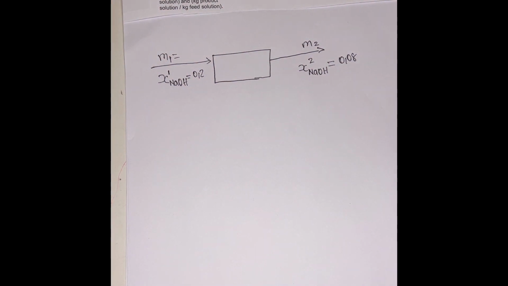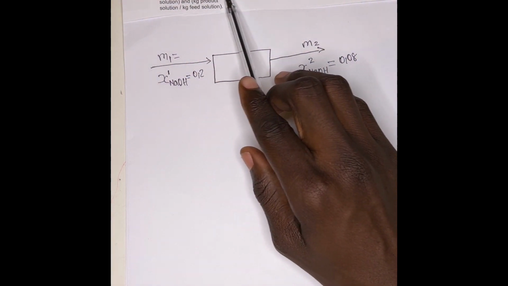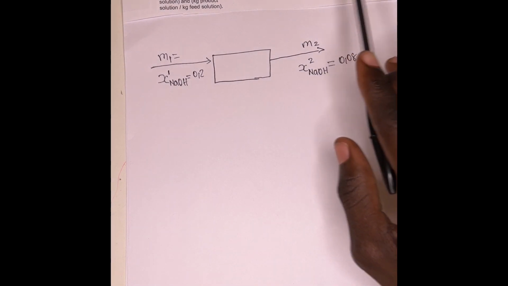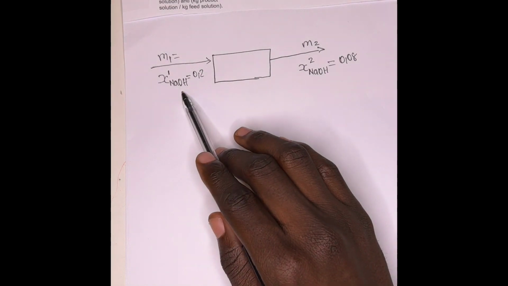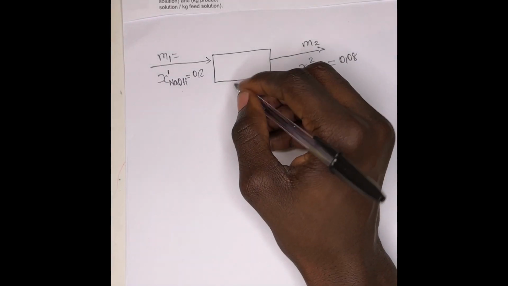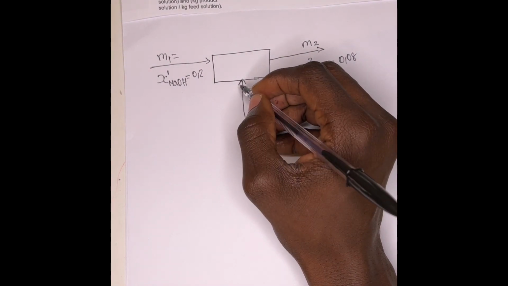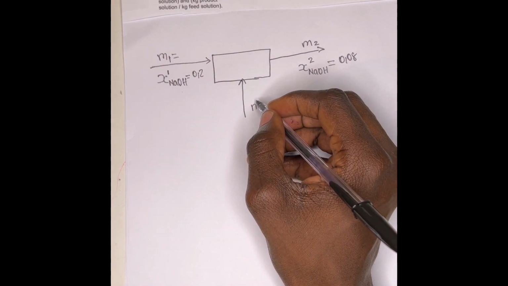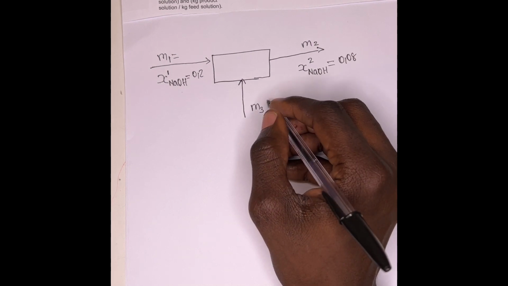Let's see everything. It is desired to produce an 8% solution by diluting the stream of 20% again. Guys, can you see we have again the 20%, the one we just wrote here. Now the question says we have a dilution solution, so we have another entering mass flow rate, which we can call M3.